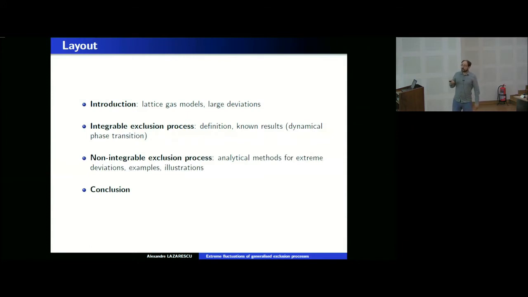Then I will generalize that exclusion process by adding site-dependent jump rates and local interactions between the particles. And I will show what can still be done analytically in that case. And then I will conclude.